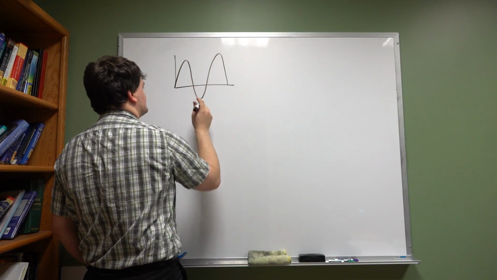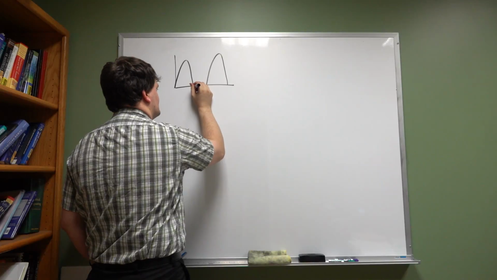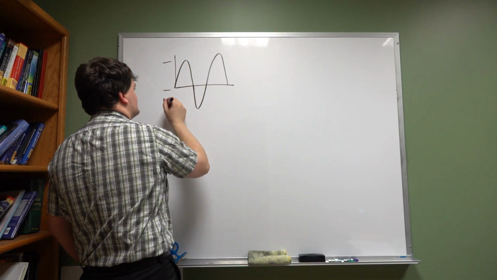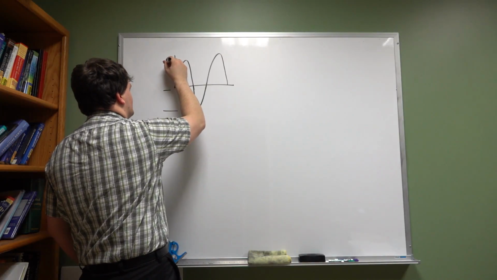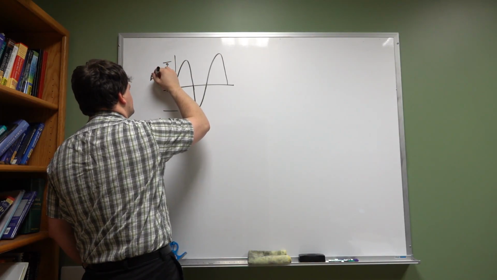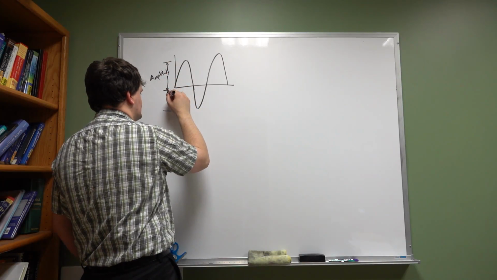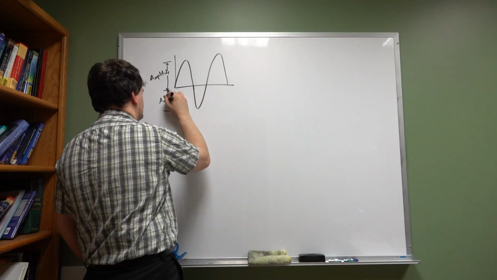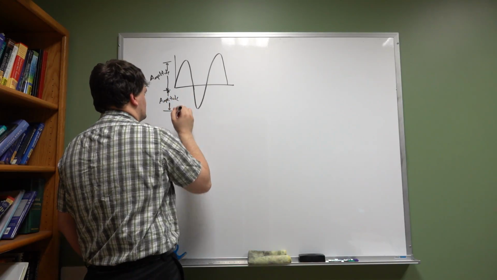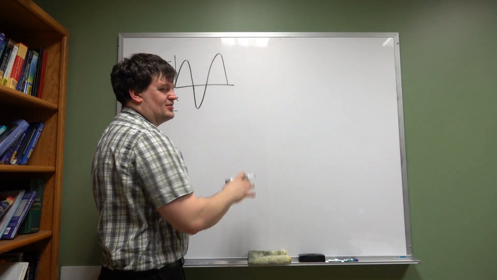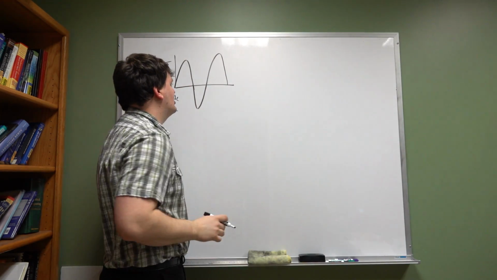That sine curve has, let's assume that I can draw this symmetrically, this, which is the amplitude, which is the same on both sides. And all that is the distance away from the center line that the peak goes.